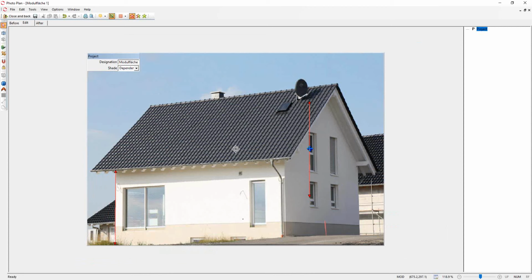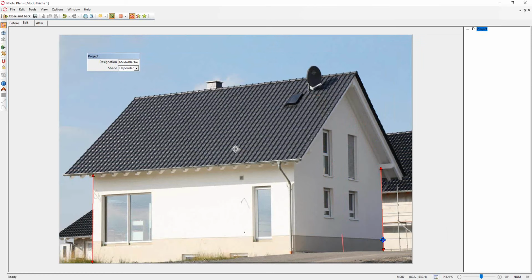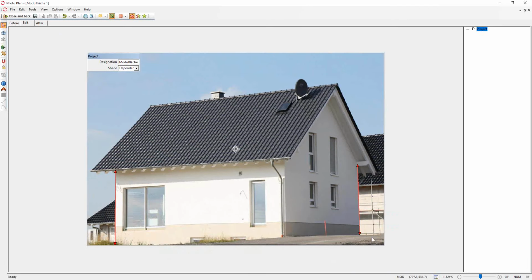Then we have to use the second arrow, bring it to the other edge of the building. You can use the mouse wheel to make it more accurate and to check if it's parallel. It looks good.